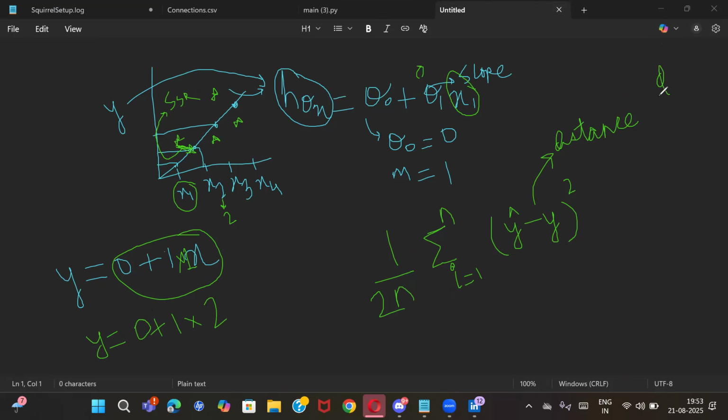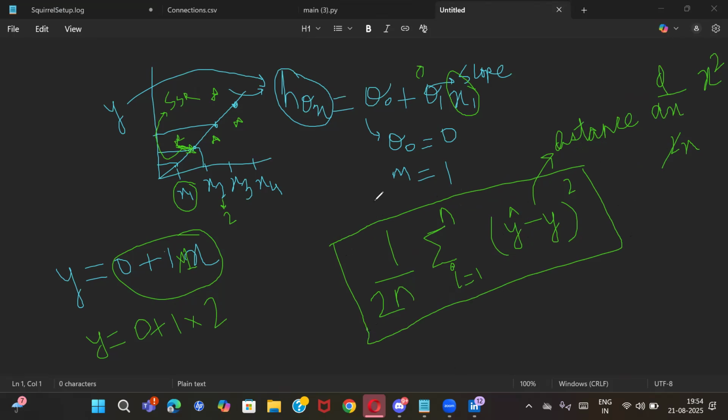dy/dx of x square, if you have learned differentiation, will be 2x. For that reason, this 2 and this 2 get cancelled. And this is my cost function.